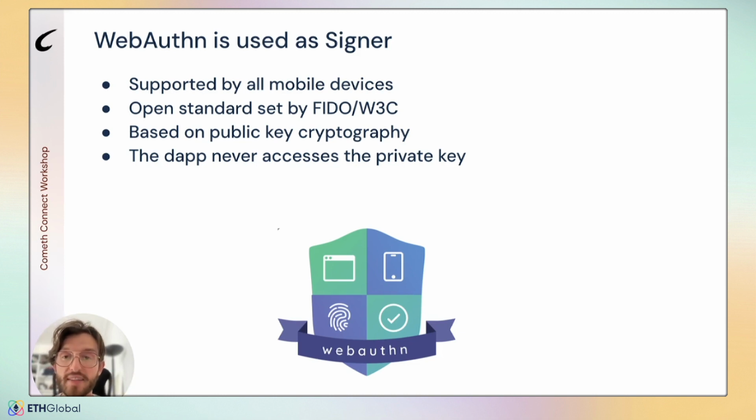And when you want to access that private key, you have to authenticate yourself with different methods, for example, with Touch ID, so with biometrics. What it means is that the dApp itself cannot access that secure enclave. You need the authentication of the user to really be able to access that private key and then sign transactions or messages.